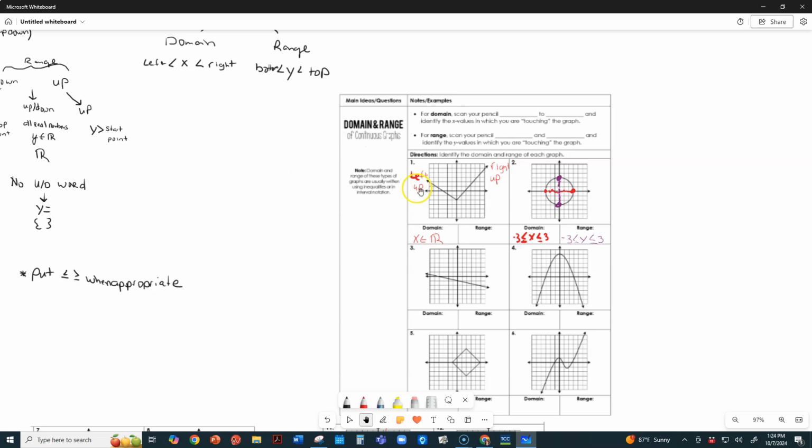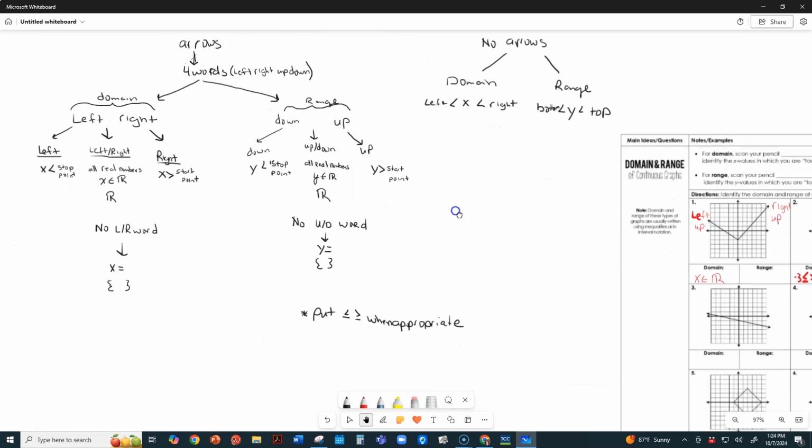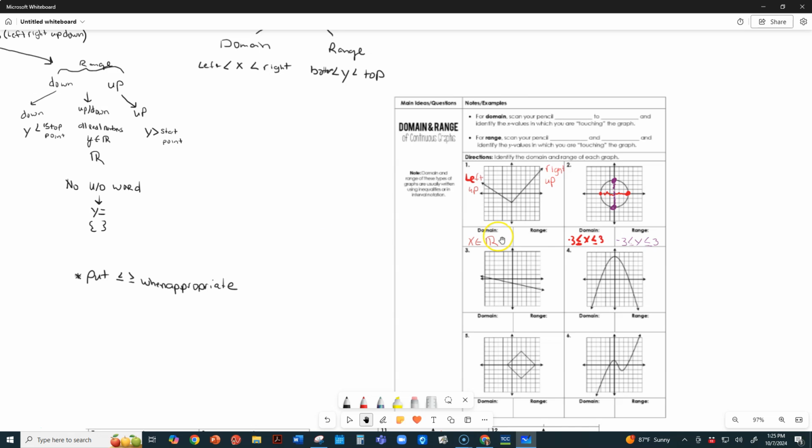Now the range, you're looking for the words up and down. I only use the word up. So since I only use the word up, my range is going to be Y is greater than wherever your starting point is.